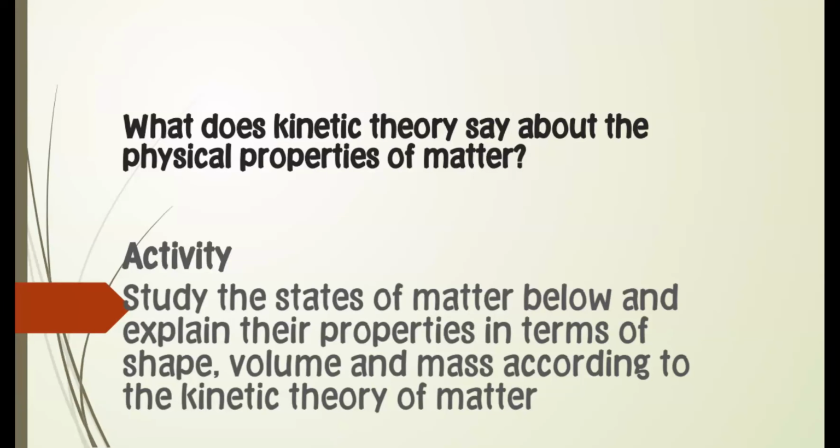We are going to study the states of matter that I'm going to show you, and then we explain their properties in terms of shape, volume, and mass, according to the kinetic theory of matter, or the particle theory of matter that we are talking about here.